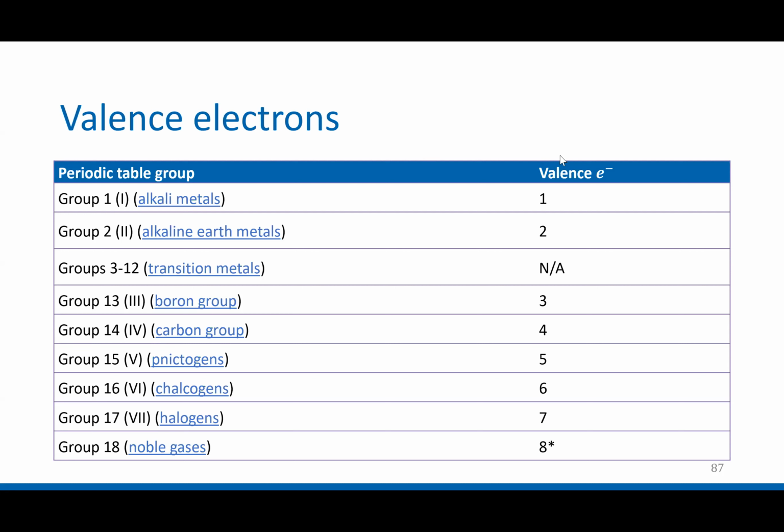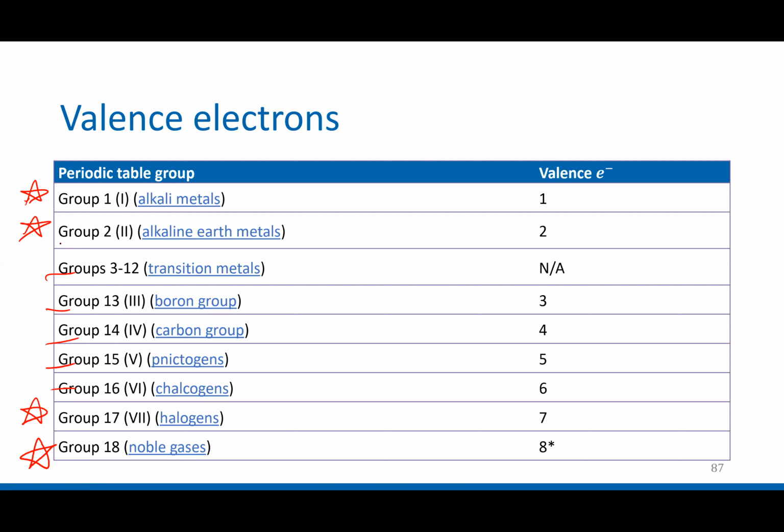These are the groups you should know the valence electrons for. And there are 4 groups you should definitely know the names of, and it's these 4 here: group 1 and group 2, and group 17 and group 18. The rest you don't need to worry about.